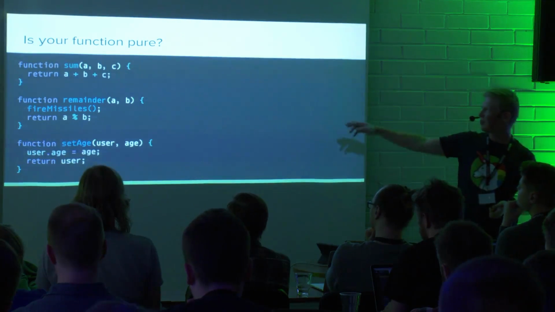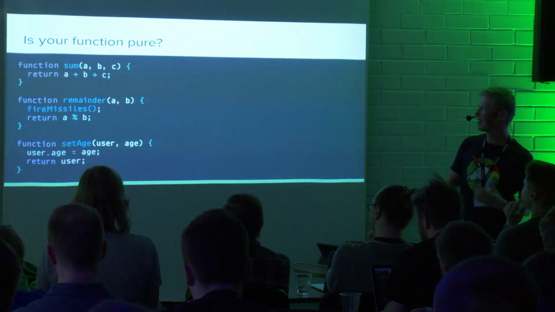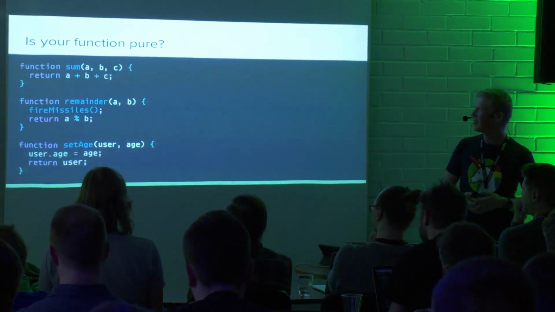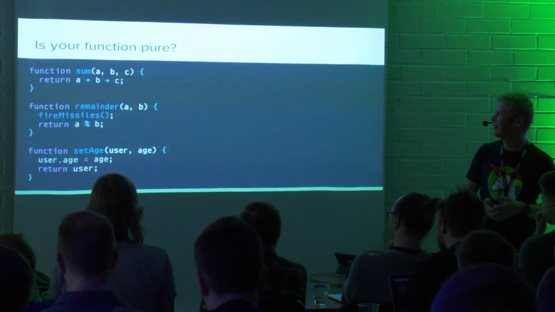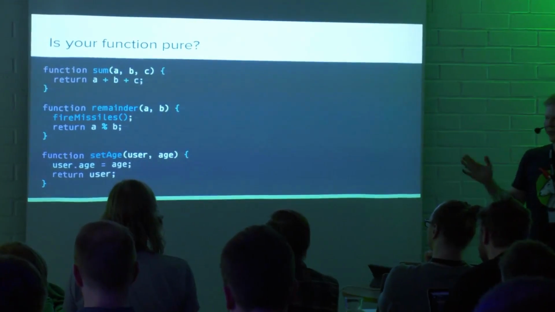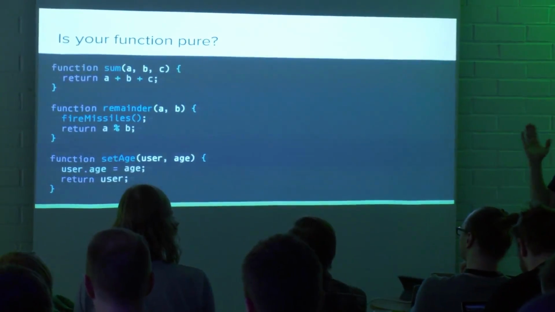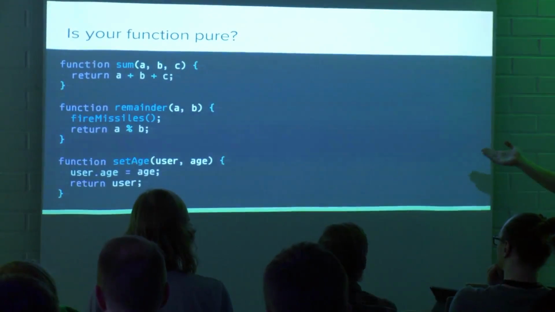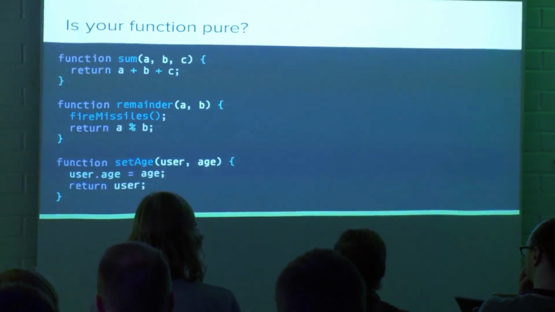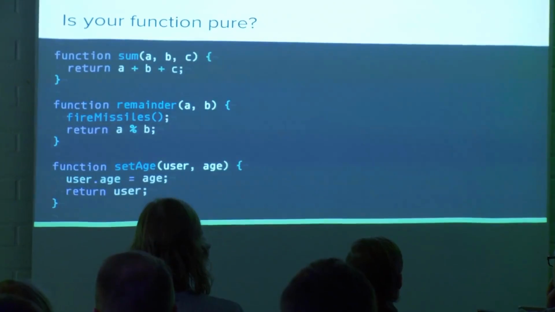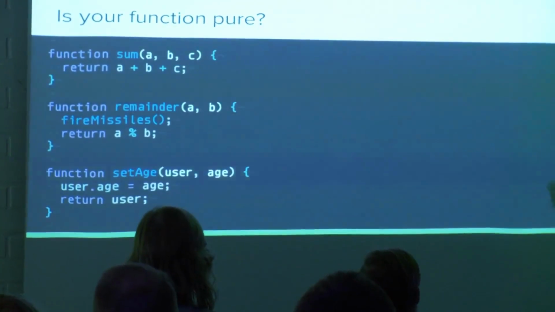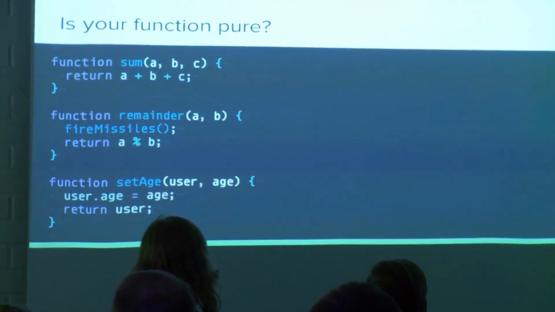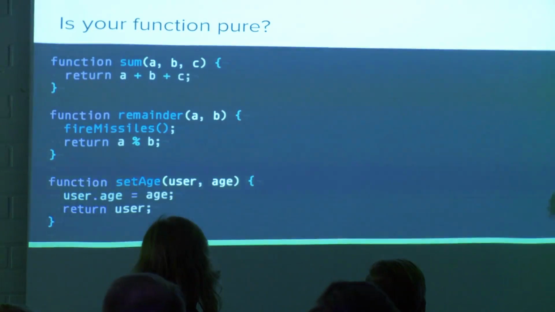But the second one, well, it does the thing that you expect it to do, but it also happens to fire some missiles in the middle. In real life, you might have a Google Analytics call in there, but that's basically the same. So you're firing out some HTTP calls while you're just expecting to make a simple calculation.